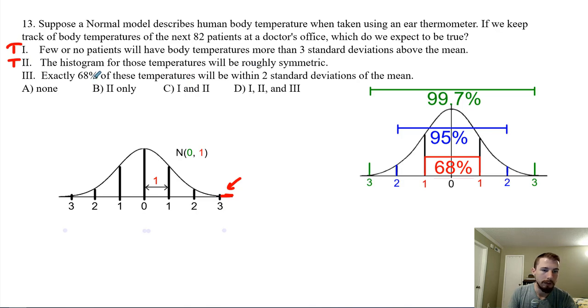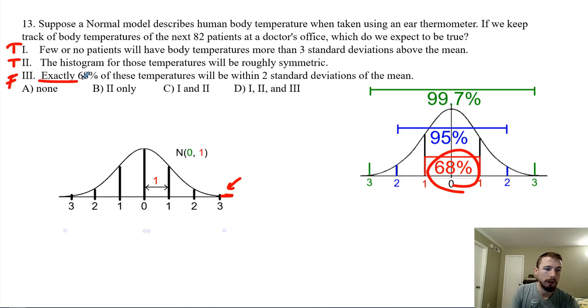Exactly 68%. Okay, this one's going to be false because this is only a model, right? We expect around 68% to be within 1 standard deviation, but the data never fits exactly the model. It was rare with the shark links that it was pretty well exact. So in this case, that one would be false. It's never exact, it's just a model.